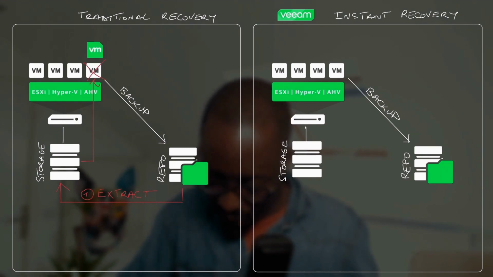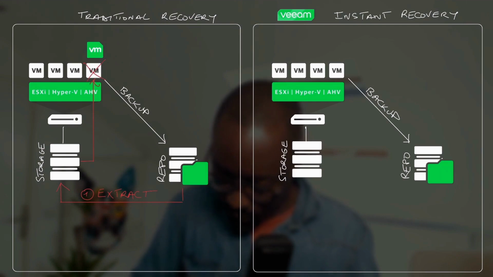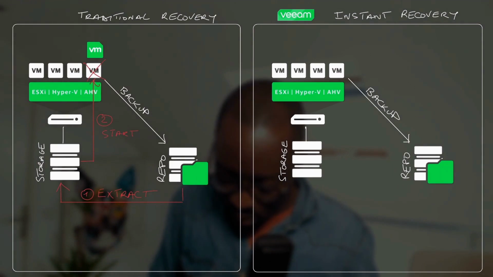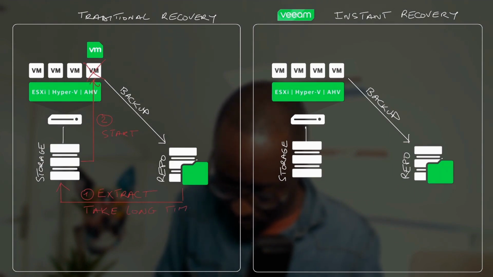This step, which is step 2, is the startup step. We will call it Start VM or Power on VM. So, in general, the extract is a step that can take a long time, with an RTO that is greater than several hours.